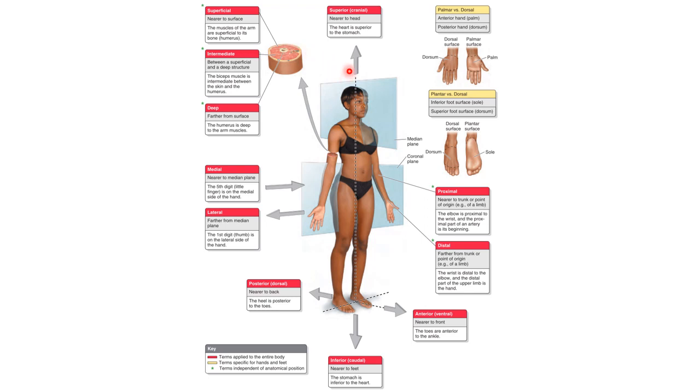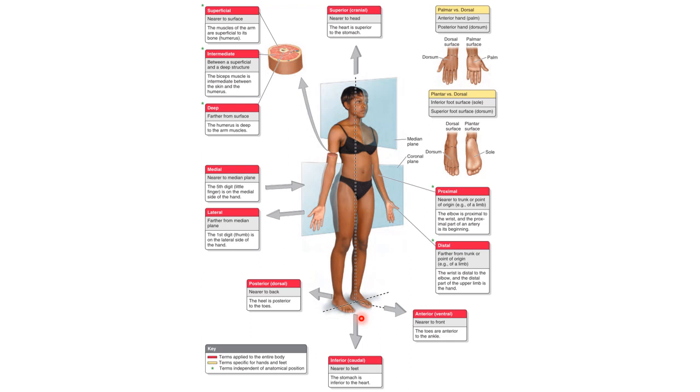If you want to go up, you use the term superior. So it means nearer to the head. If you want to describe a structure that is below or downwards, you use the term inferior. So caudal is another term for inferior, which means nearer to the feet.